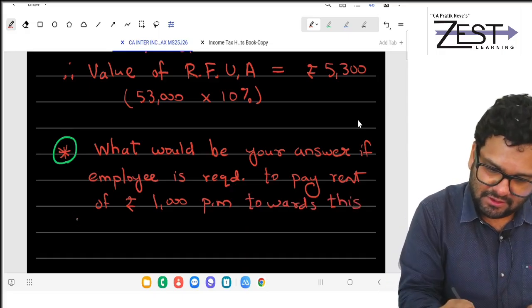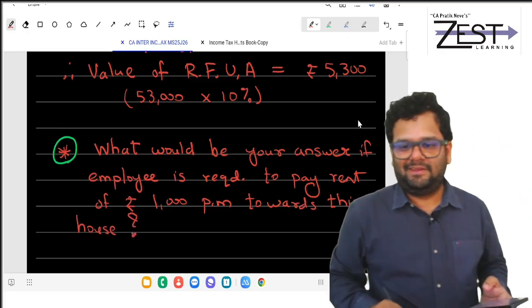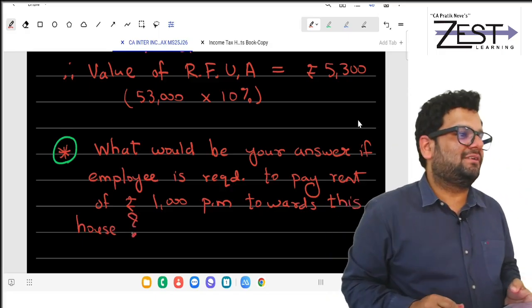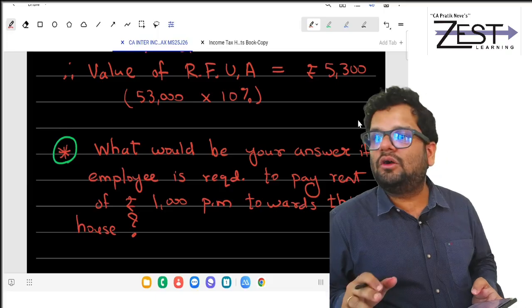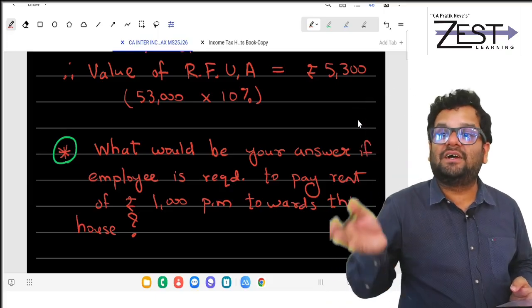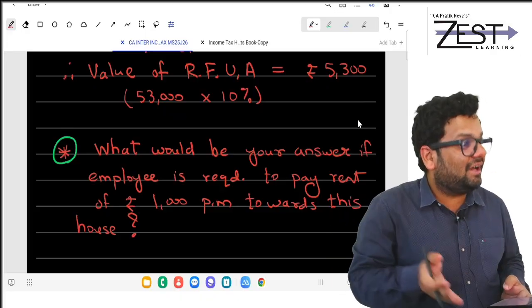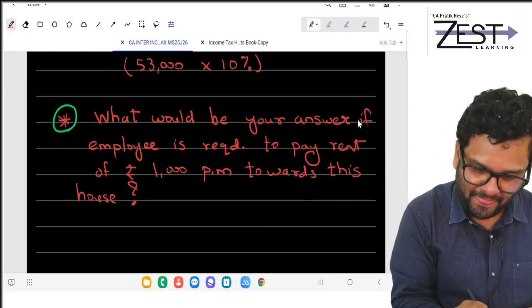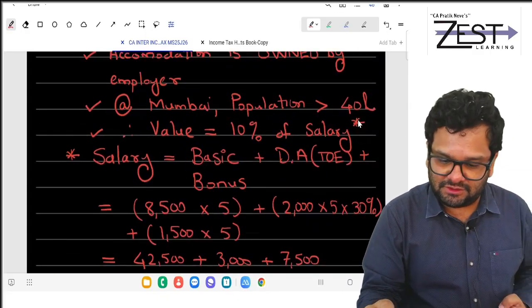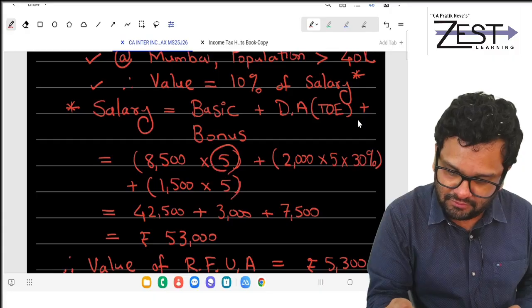Now friends, which valuation will it become? It is no longer rent free, it is concessional. So it will now become the value of concessional unfurnished accommodation. By the way, afterwards you will keep on thinking why we have taken 5.